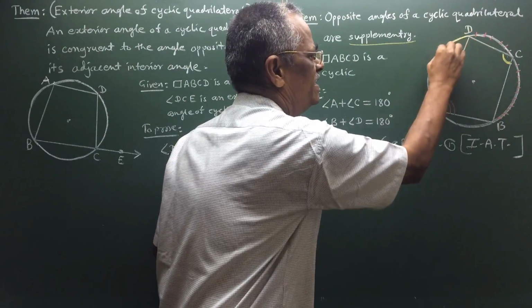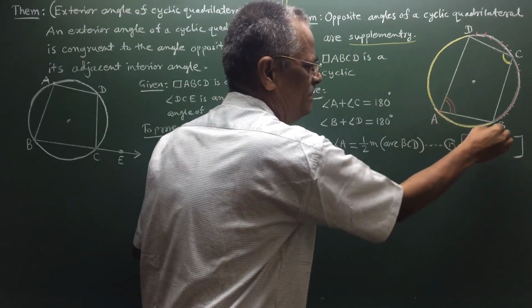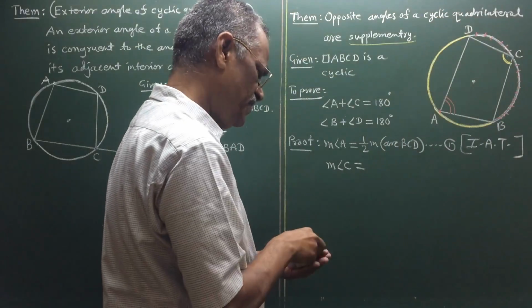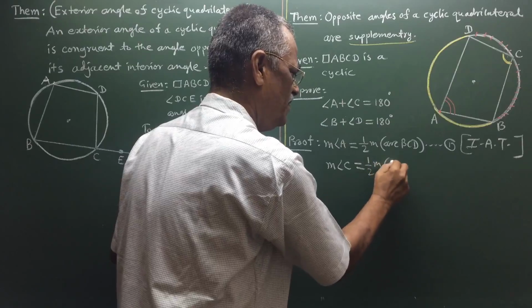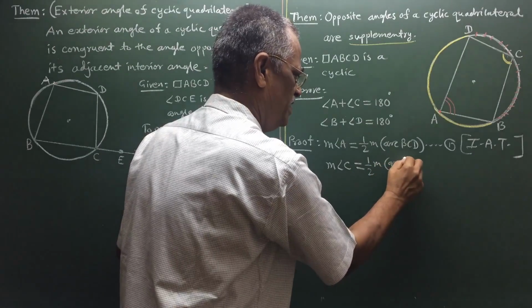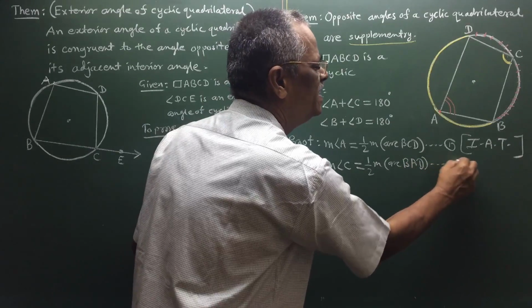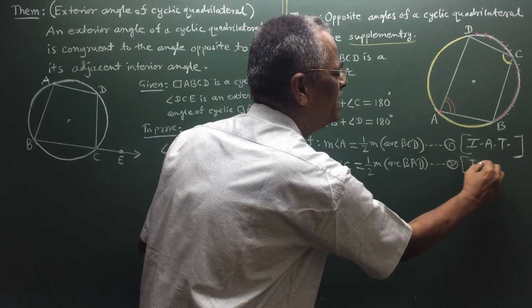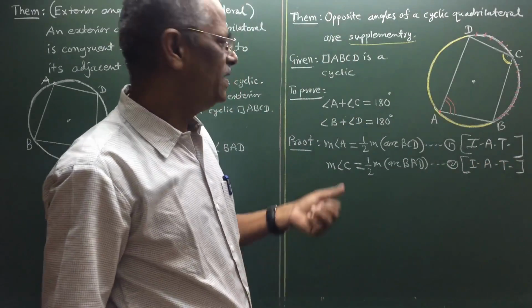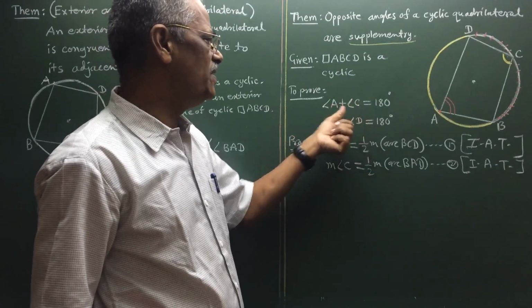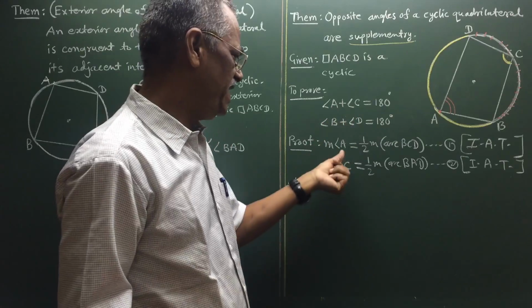It is BAD. So, by inscribed angle theorem, half of arc BAD. Same reason, inscribed angle theorem.